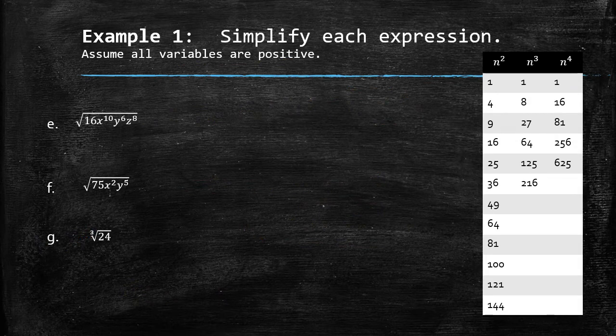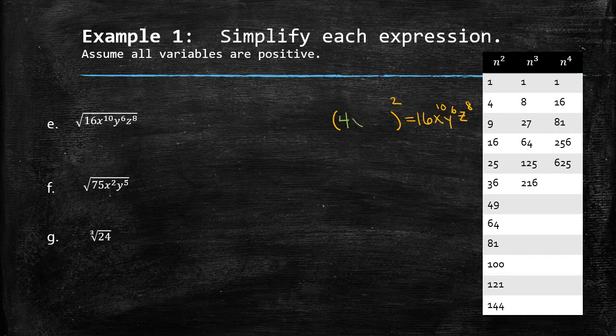Okay, part E, I have the square root of 16, x to the 10th, y to the 6th, z to the 8th power. So if I work backwards, I want to have something here in parentheses such that when I square it, I end up with 16, x to the 10th, y to the 6th, z to the 8th. Well, I know that 4 squared is 16, so I need to have a 4 here.